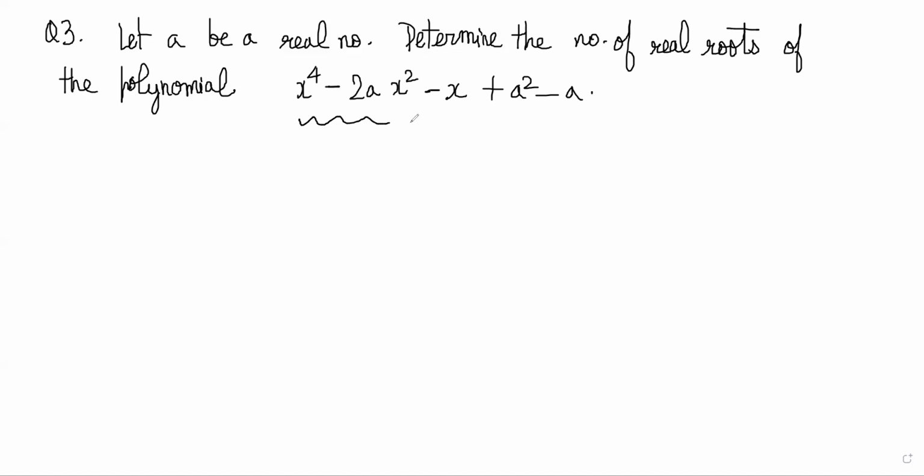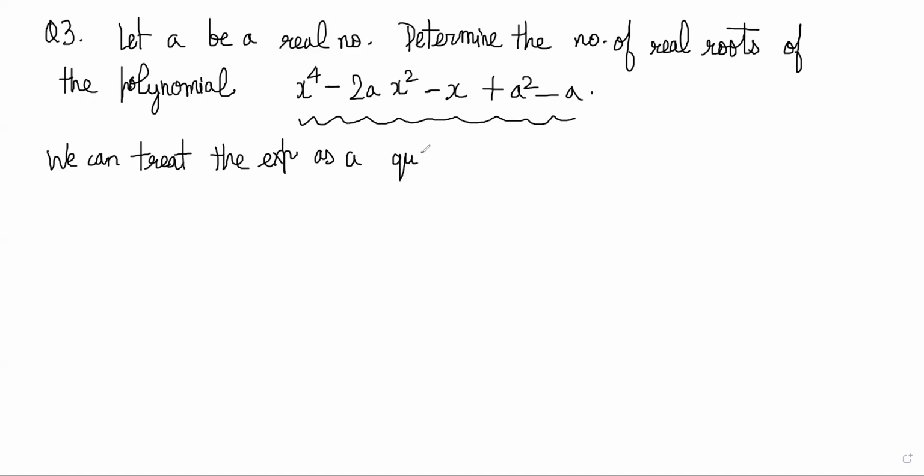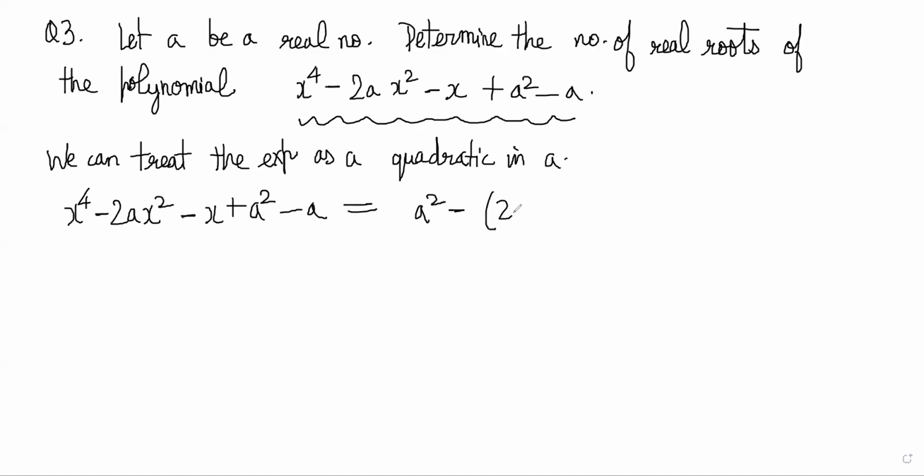Instead of thinking about this as a polynomial in x, we can treat the expression as a quadratic in a. Quadratic in a, right? So we can write x power 4 minus 2a x square minus x plus a square minus a as a square minus 2x square plus 1 times a plus x power 4 minus x.